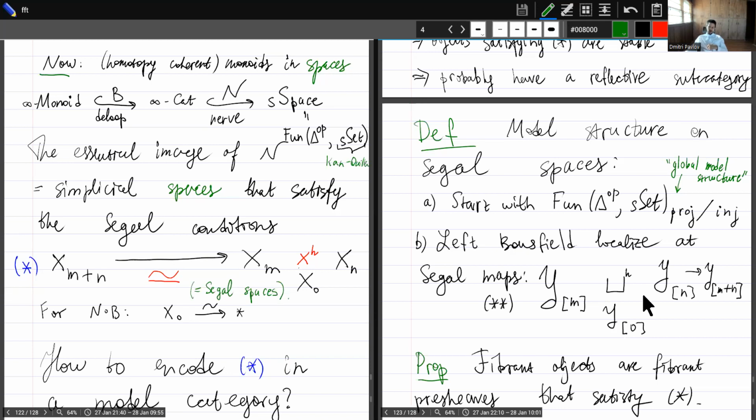Basically, one way to see it is to observe that these maps in the diagram will be injective cofibrations. And this object here is just a vertex, or in other words, the terminal presheaf. And it includes into the m-simplex and the n-simplex as the terminal, respectively initial, vertex.